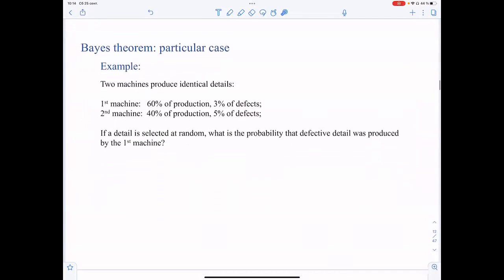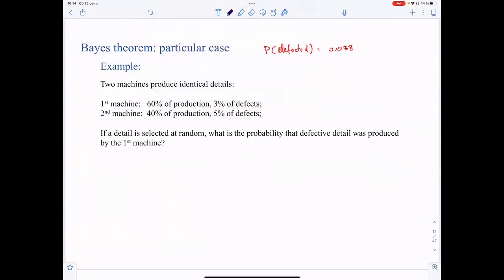If we go back to the problem that we just analyzed, we estimated the probability of a defective detail, and we got that it is 0.038.